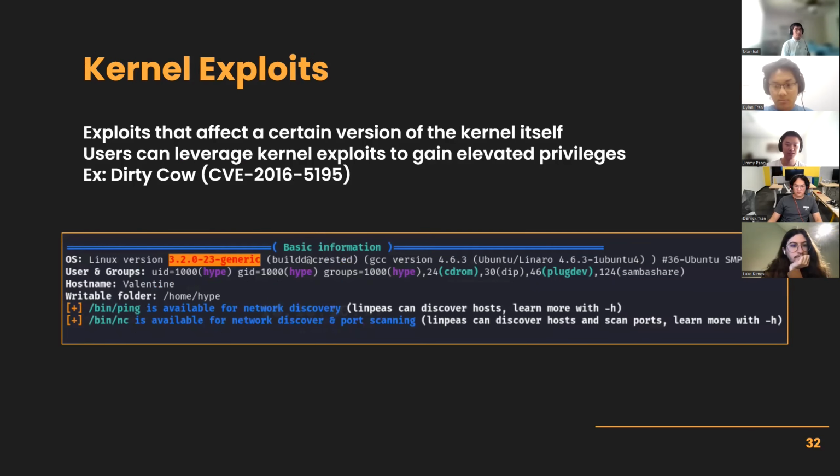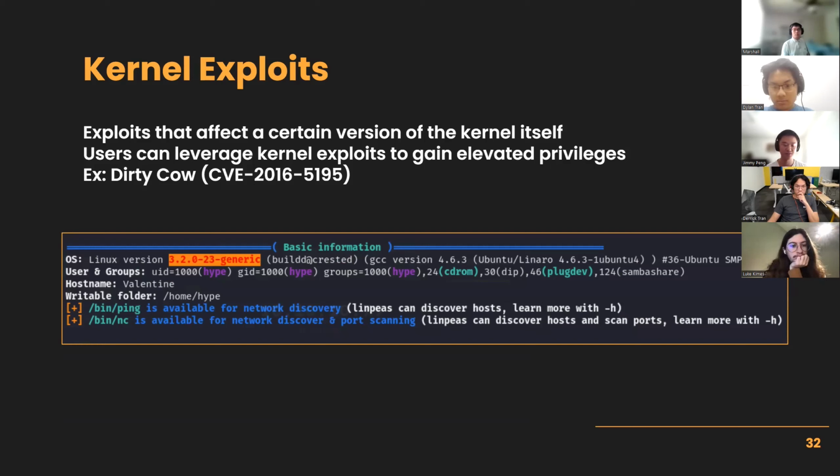So onto kernel exploits. Kernel exploits are basically vulnerabilities in the operating system itself, so it would affect all Linux versions or that particular version of Linux. The way to fix this is just to update the system or update the kernel. This could be found through linPEAS or LinEnum.